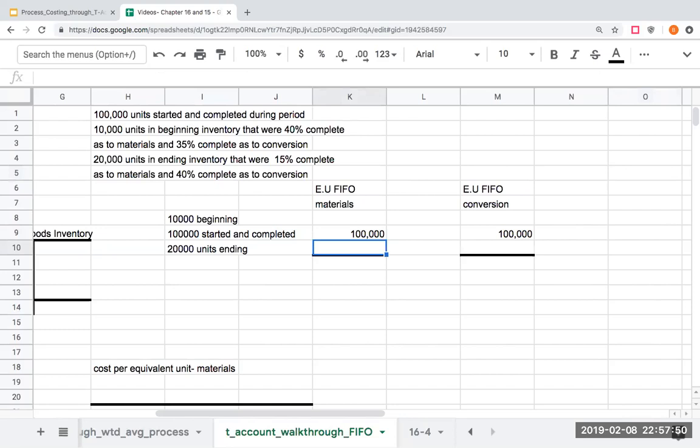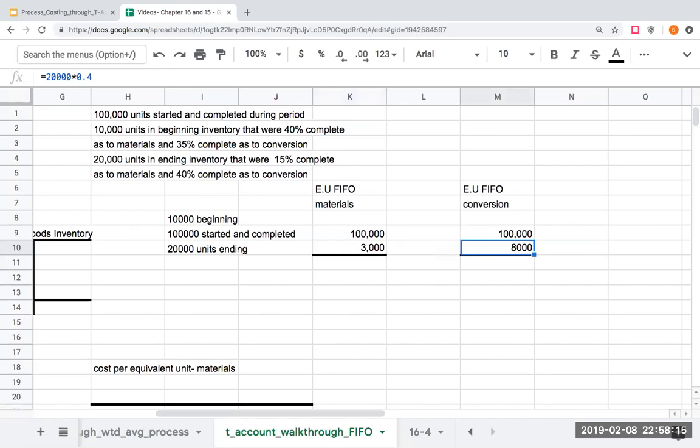That calculation doesn't change because we still have this 20,000 times 15%. And here, with the FIFO, we also have 20,000 times 40%.